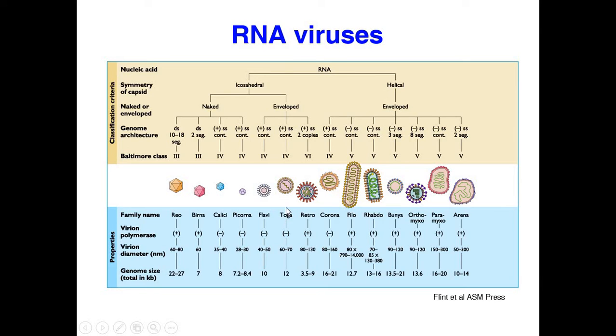Another example is Togavirus. Togavirus is positive sense, 60 to 70 nanometer in size, and has a 12 kilobase pair genome size. Positive sense single-stranded RNA viruses which are also enveloped and have 2 copies, known as diploid viruses, are present in group 6, and an example is retroviruses.